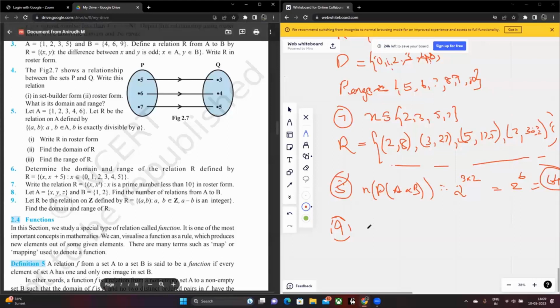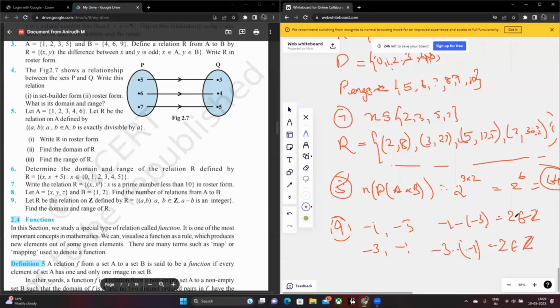Because for any two negative numbers, say -1 and -3, -1 minus (-3) is 2, this is an integer, right? And the reverse, -3 minus (-1), is equal to -2, which is also an integer, right?